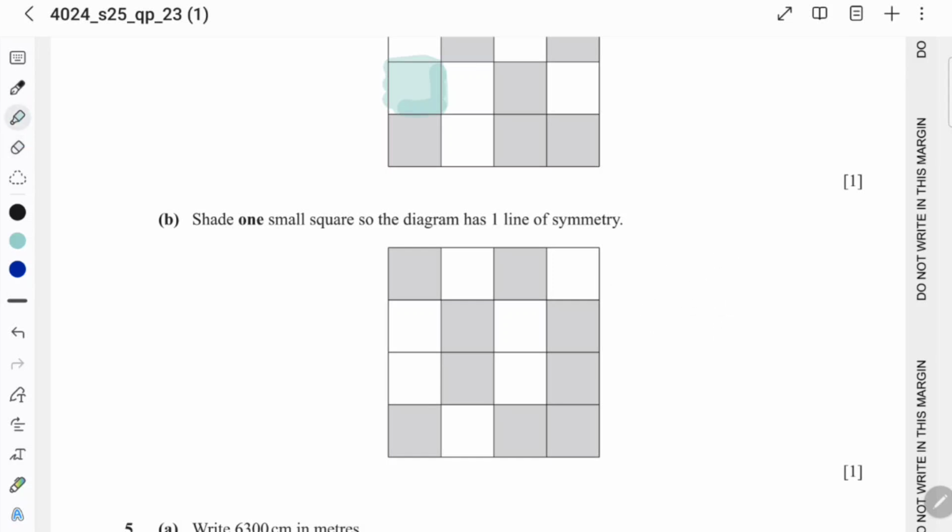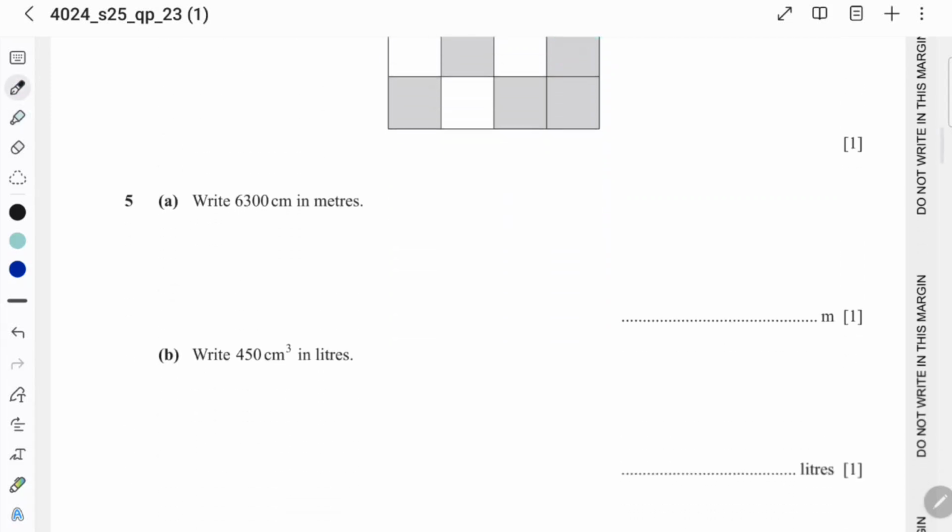So we have tried the horizontal one, now we are trying the vertical one. So this is here and this is here. If I shade this one, there are two up and two below the line, so I'll have to shade the top one. This is the answer for this question, and it's of 1 mark.